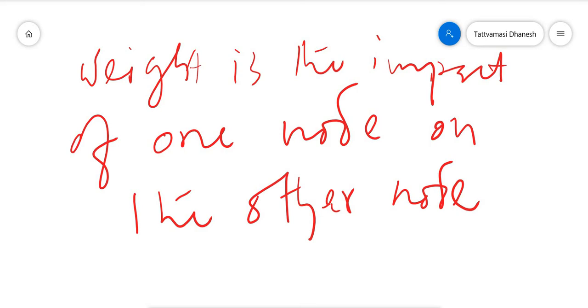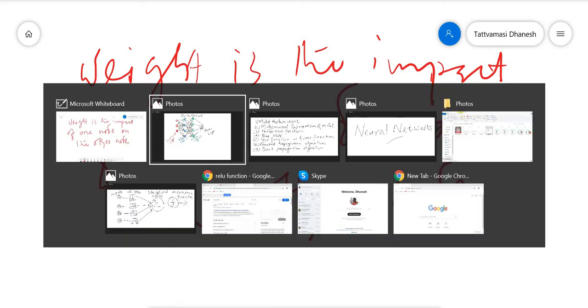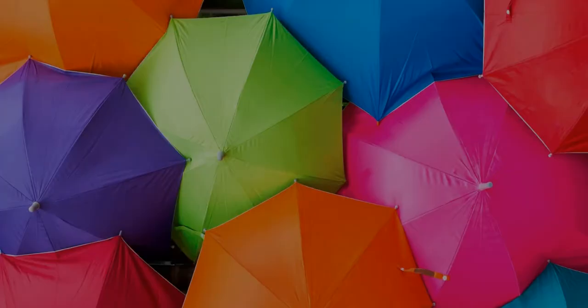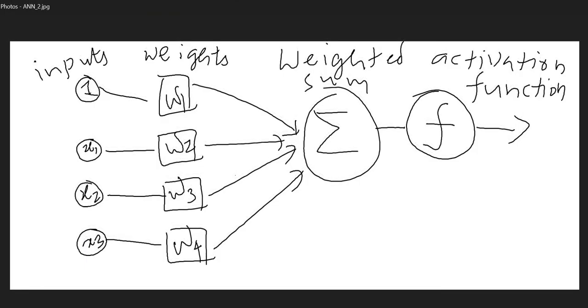Now I am showing one node, meaning one circle. If you analyze this one node, in a node you get different inputs from the previous nodes. At the same time, the weights are also there.